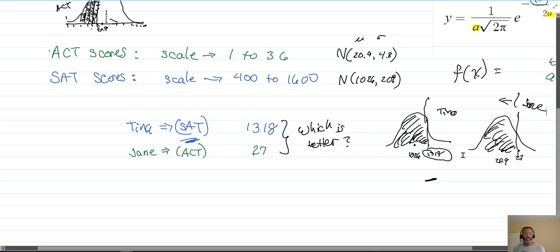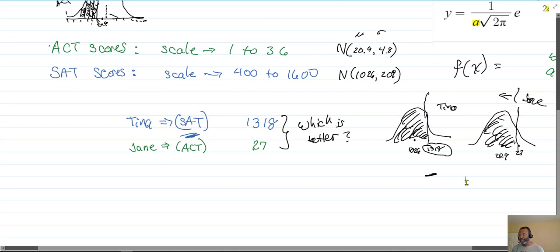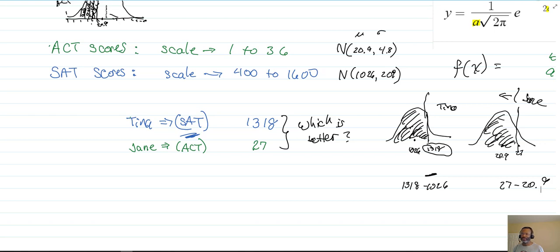The other way to think about this is how far above the mean did Tina score? There are some challenges in fact with just simply saying, well, how far above the mean? 1318 minus 1026, and then 27 minus 20.9. So both of those are numbers that will tell you how far above the mean a particular individual scored. But these are two different scales, so that has a few problems.